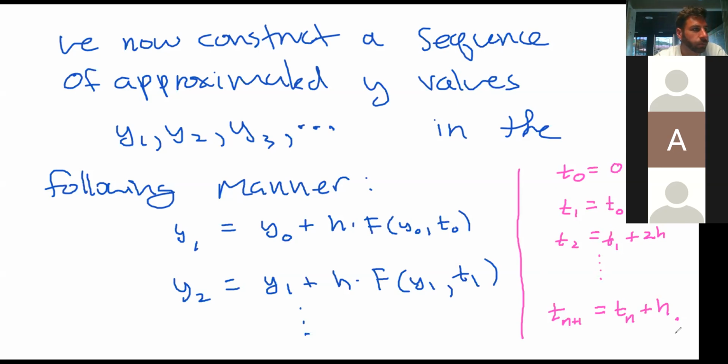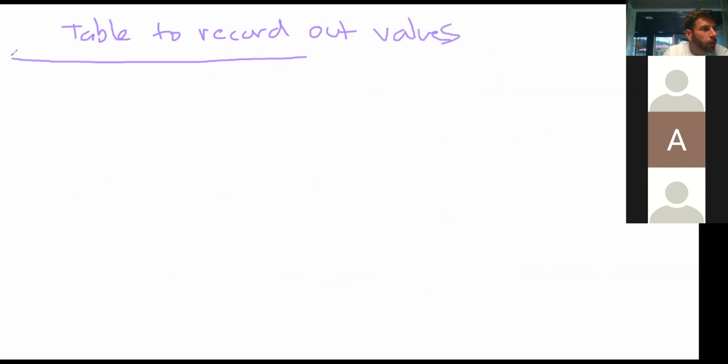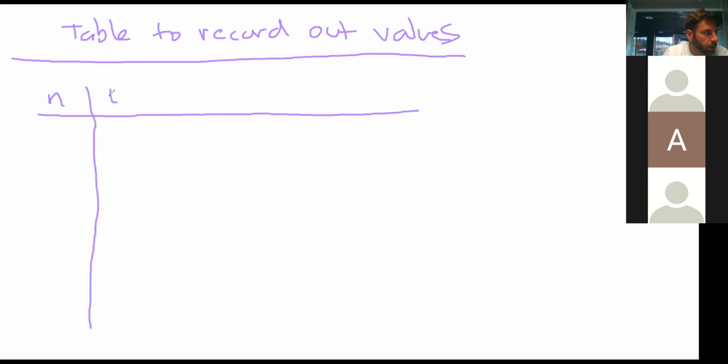All right, so let's make a table. Here's one way I like to do it. I like to list my values of n, and then we have our values of t, and then we have our y sub n. And then it's also nice to get your actual value. Your actual would be y evaluated at t sub n.